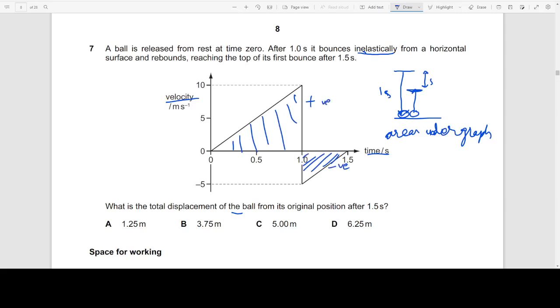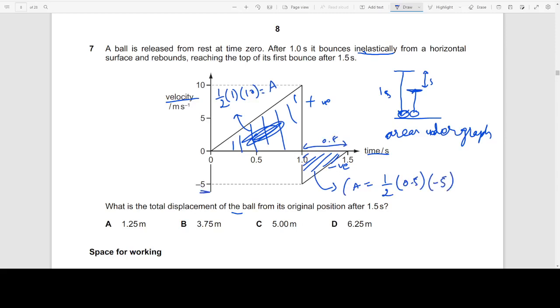Alright, so let's start with the first part. The first part, this part, is just going to be a right angle triangle, which is half into base, which is 1, into velocity, which is 10. And this second area is going to be half into this much, which is 0.5 seconds, into -5, because velocity is -5.